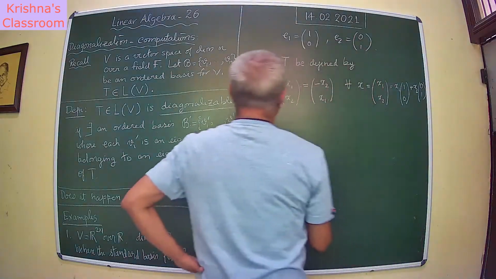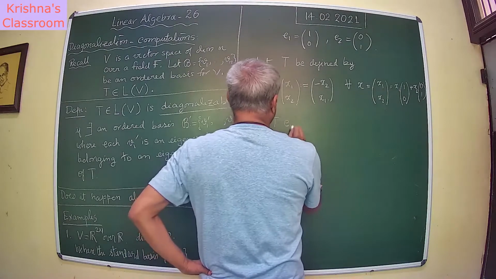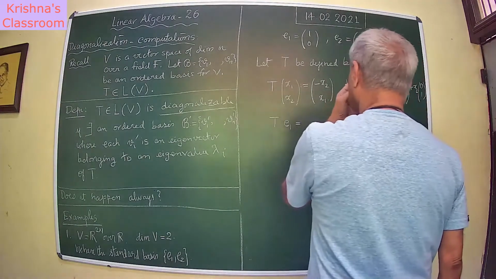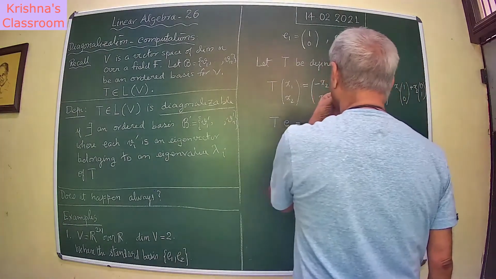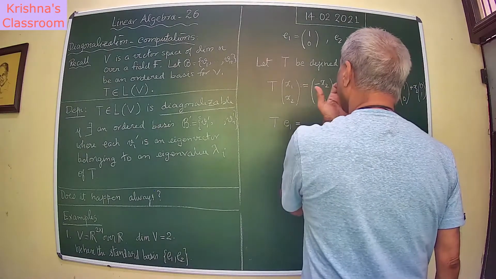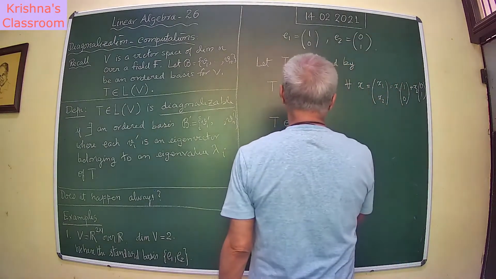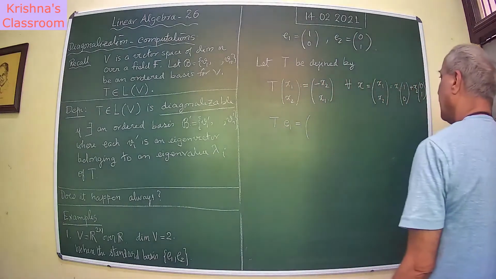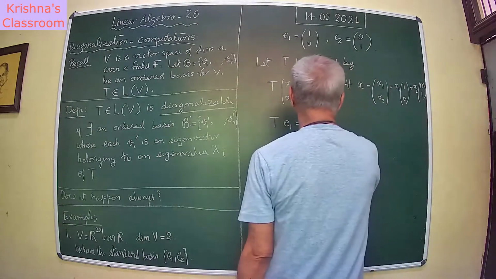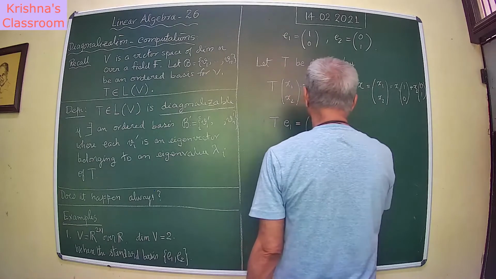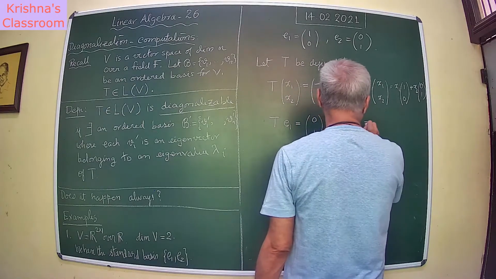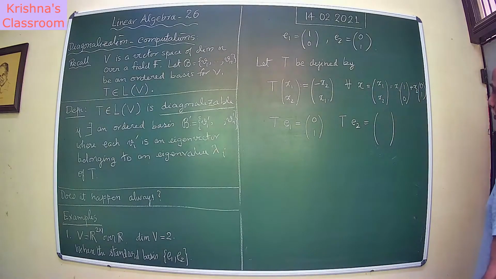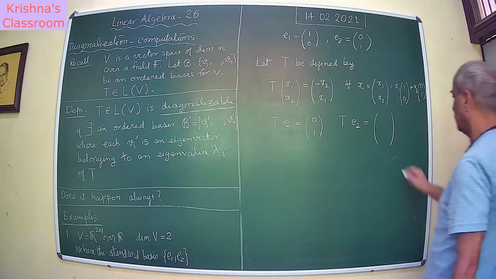This means that T of E1, where E1 has x1 equal to 1 and x2 equal to 0, equals 0 1. And T of E2, with x1 equal to 0, x2 equal to 1, gives minus 1 0.